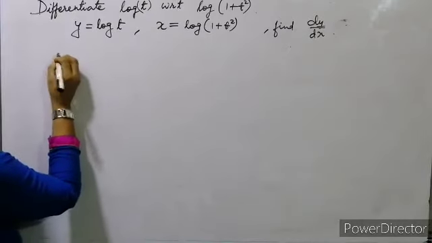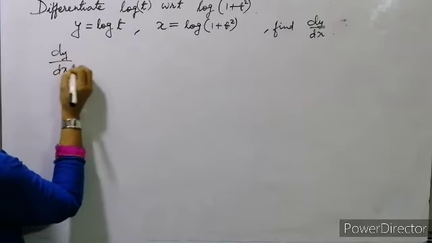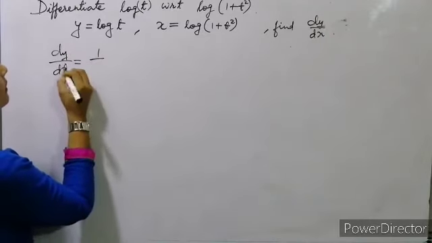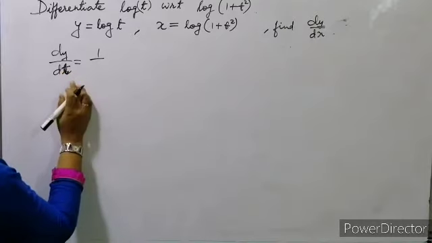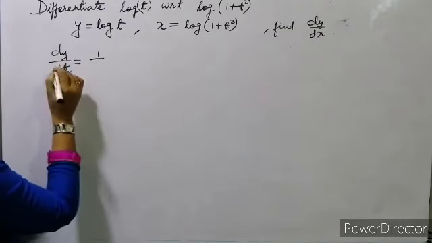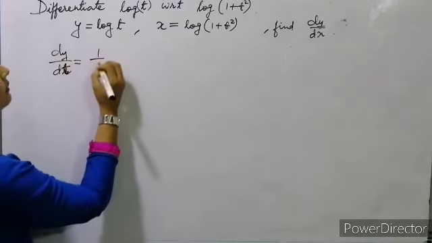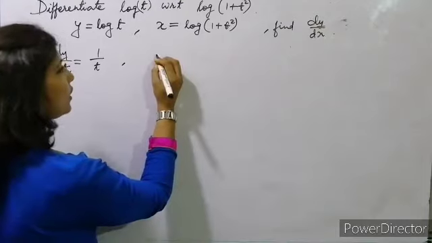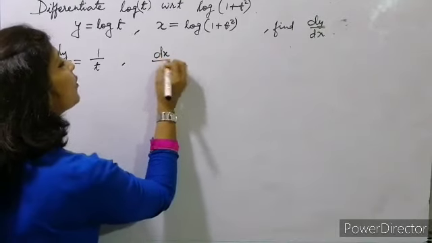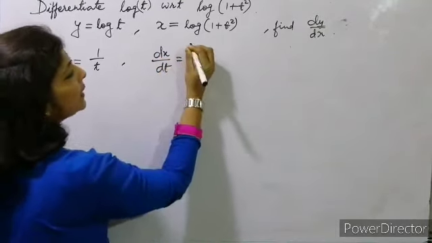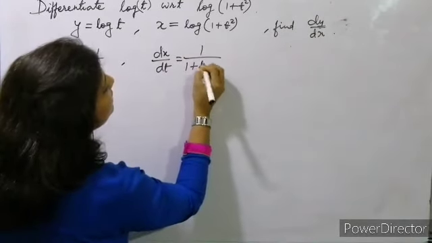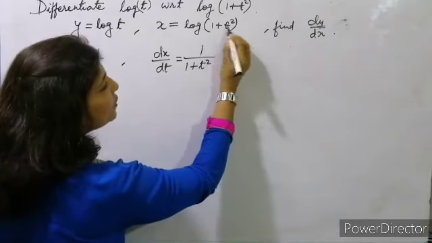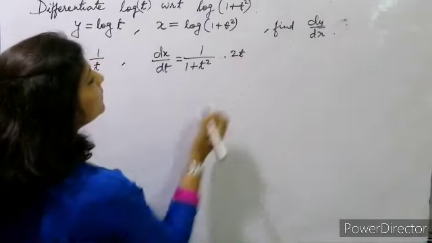So first of all we'll find out dy by dx. Differentiating this one, we get dy by dt equal to 1 upon t. And differentiating this one, dx upon dt, we get 1 upon 1 plus t square multiplied by the derivative of the inside, which is 0 plus 2t.